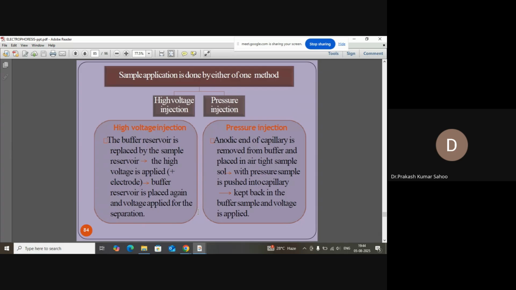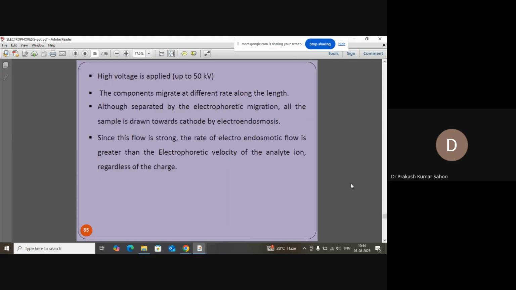The anodic end of the capillary is removed from the buffer and placed in the sample. And the voltage applied is up to 50 kilovolts. The components migrate at different rates.